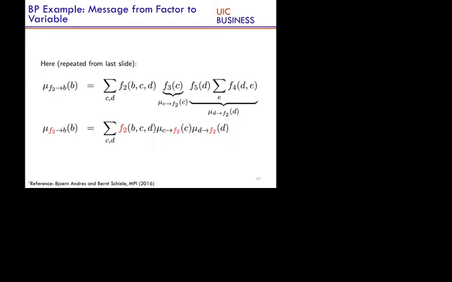The reason I've chosen this notation for this term and this notation for that term is because if I write it in those terms, there's a pattern which is coming here. There's an f2 which was there before.